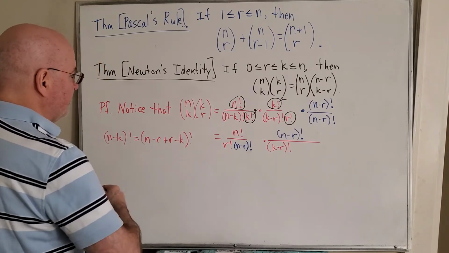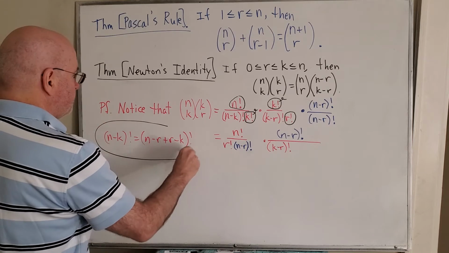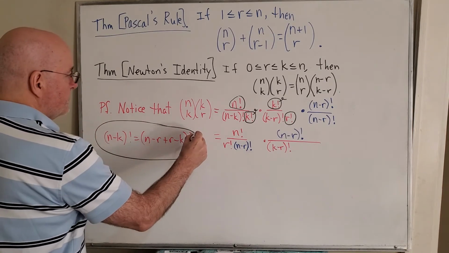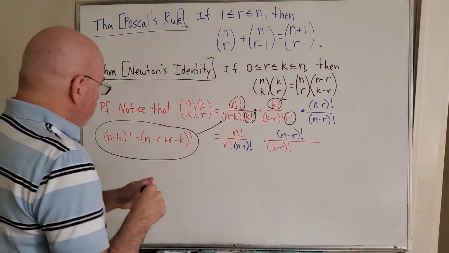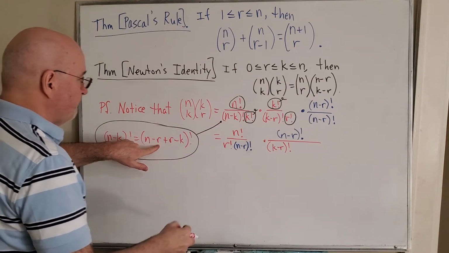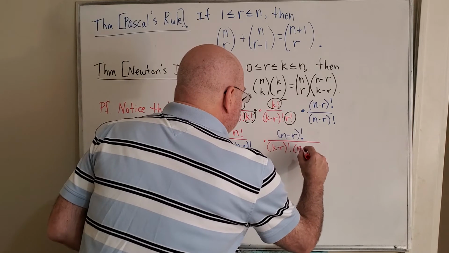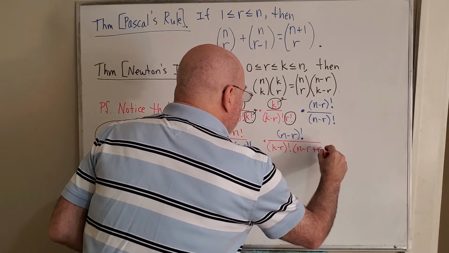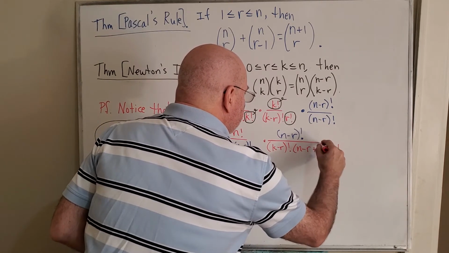This is just a side note. I'm going to write n minus k factorial like this: n minus r plus r minus k factorial.